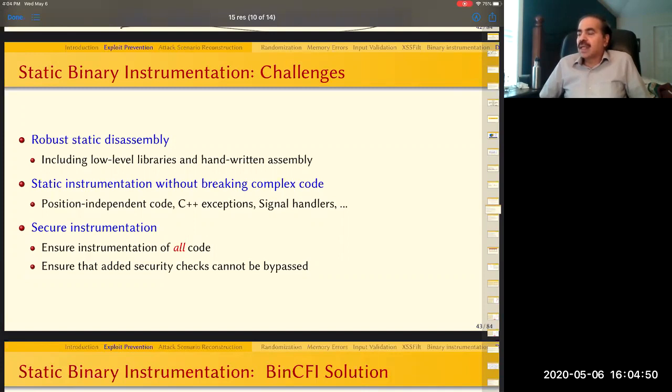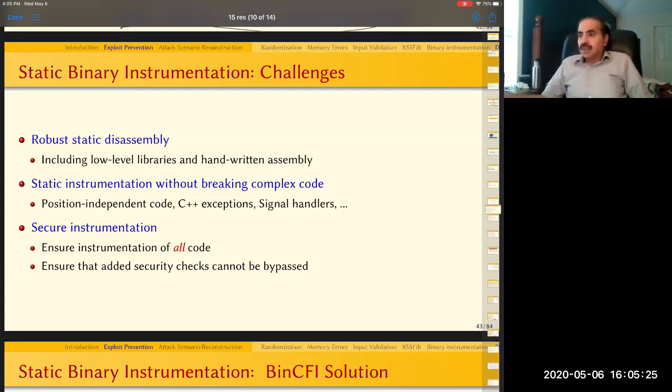The instructions change all the time, and in addition, the instructions themselves have very complex semantics. And I talked about an interesting way that one of my students developed, which is based on using compilers to help in extracting the semantics of instructions, and then using this extracted semantics for doing binary analysis or binary instrumentation.